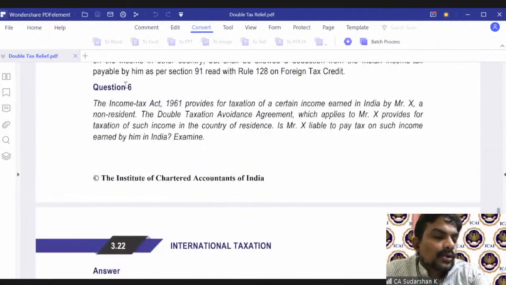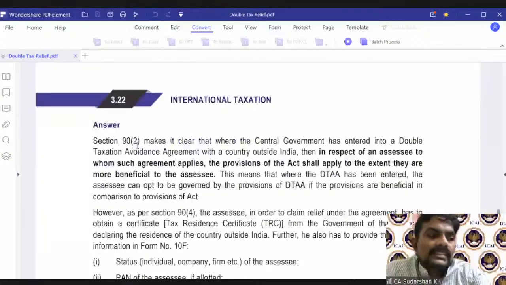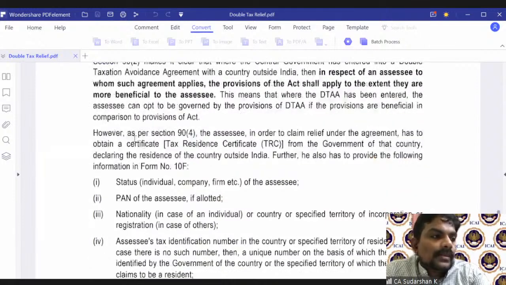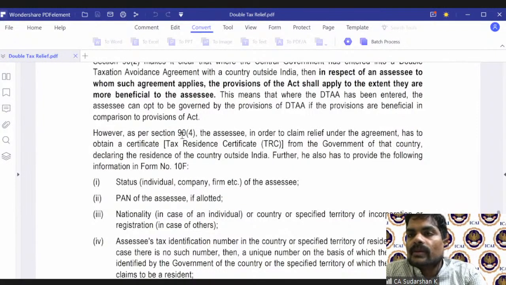So coming back to question number 6, which we discussed, where Mr. X, who is a non-resident, wants to take treaty benefit. Section 90 subsection 2 gives you the treaty benefit. If you see the answer, it also says it's not just about giving the section 90 subsection 2 benefit, that is, treaty or Act.